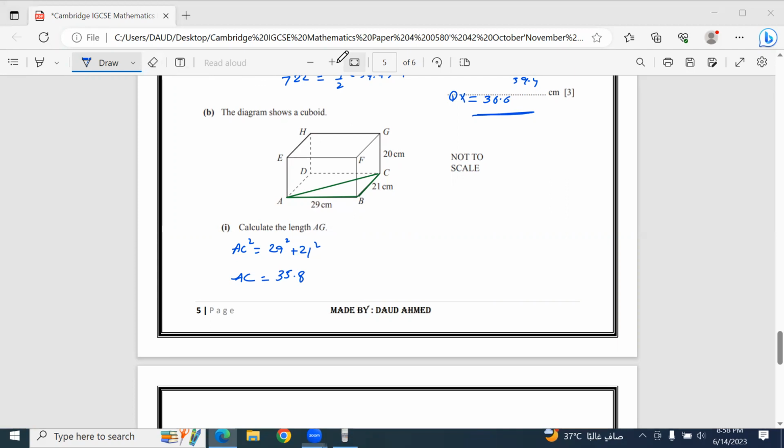For AG, we have the line from A to G, so I will use the height CG and the AC we just found. Again, at C you can see a 90 degree angle, so we can use the Pythagoras theorem again.